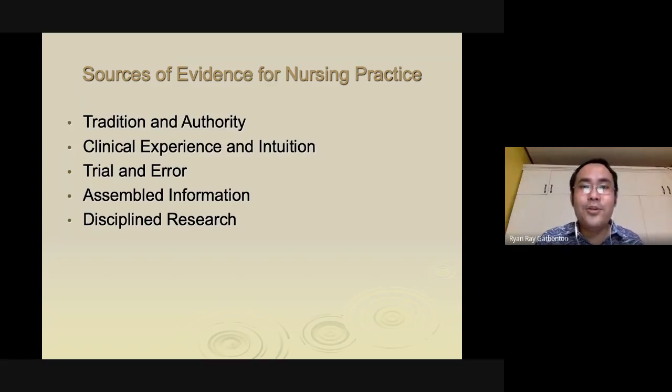So your information is broadened, and your decision making process is expanded because you get from different sources. All right, and the best source of evidence will always be your disciplined research, the one that follows the scientific method.